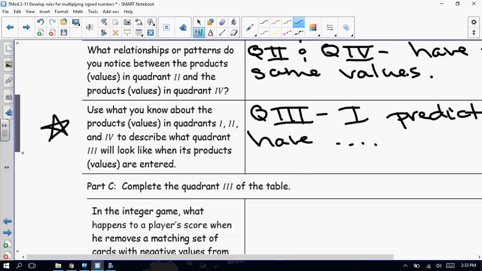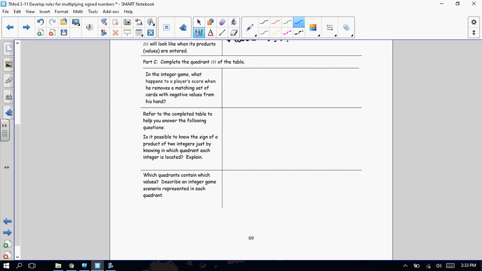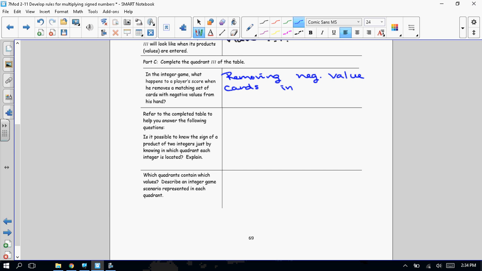Let's change that to: what happens to a player's score when he removes a matching set of cards with negative values? The score goes up. Removing negative value cards increases the score.